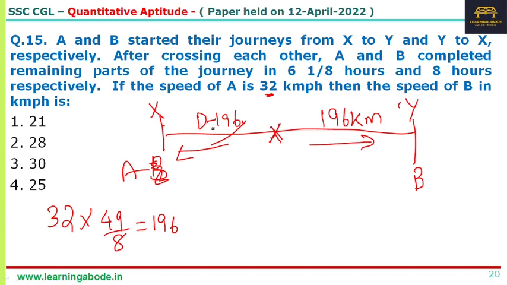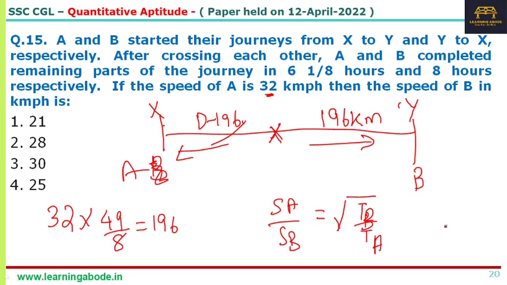Now when they cross each other, the ratio of speed of A to speed of B is given by the root of T2 by T1, that is, the root of the time taken by B after crossing over the time taken by A after crossing.